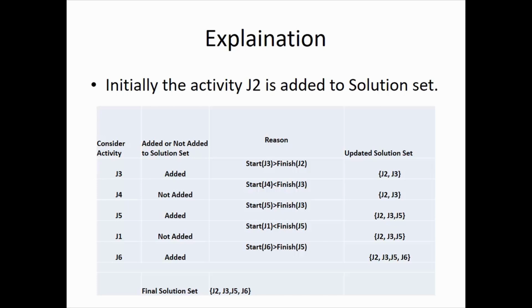J6 is added because its start time is greater than the finish time of the earlier selected job J5. So finally, the solution set is J2, J3, J5 and J6. This was all about activity selection. Thank you.